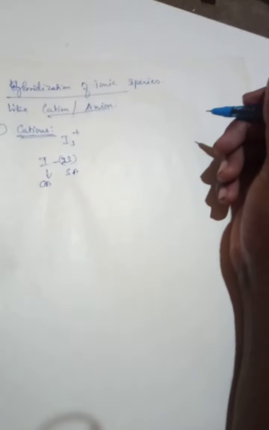For example, I3 plus means one iodine is the central atom, surrounded by two iodine atoms.